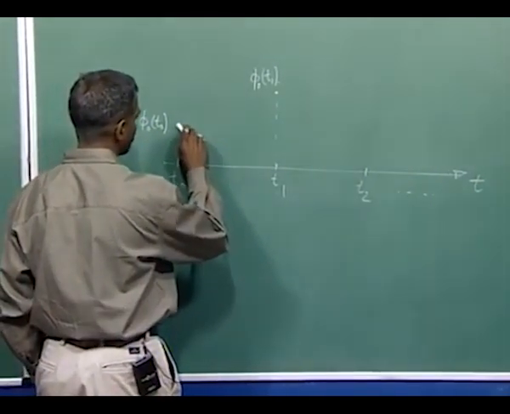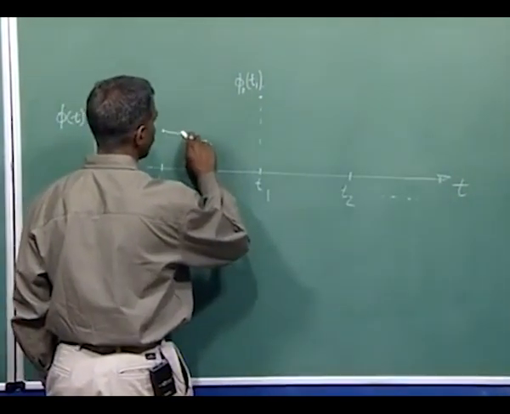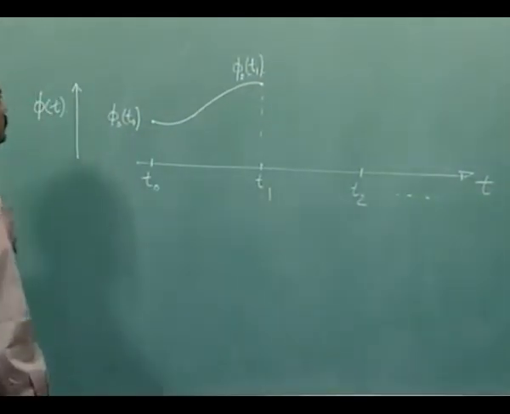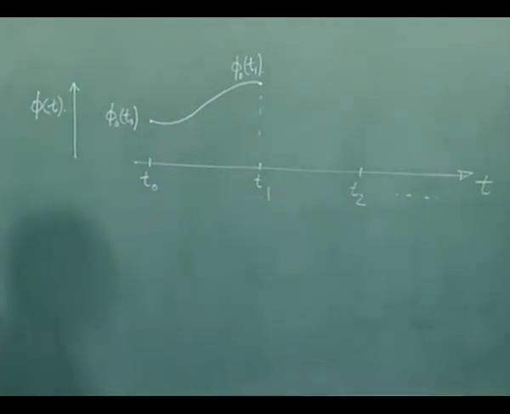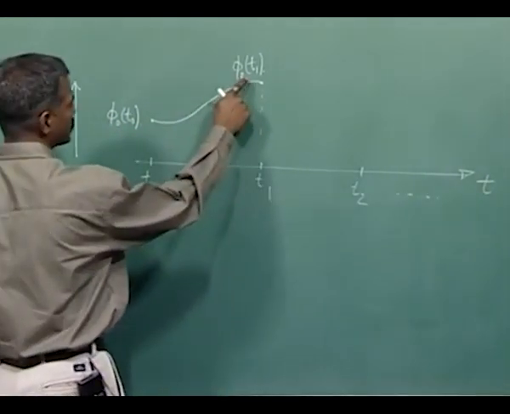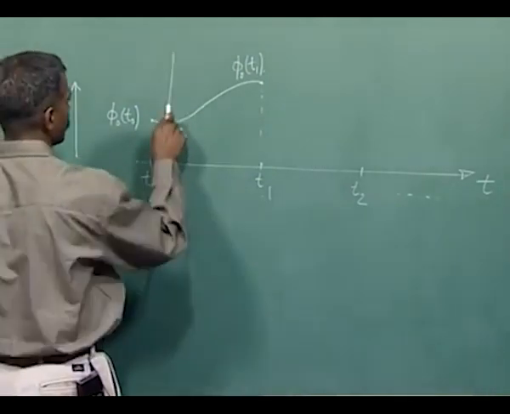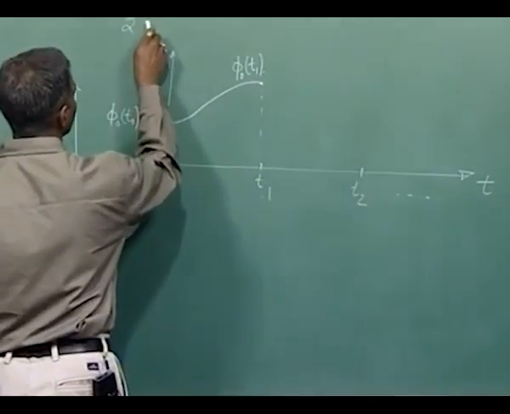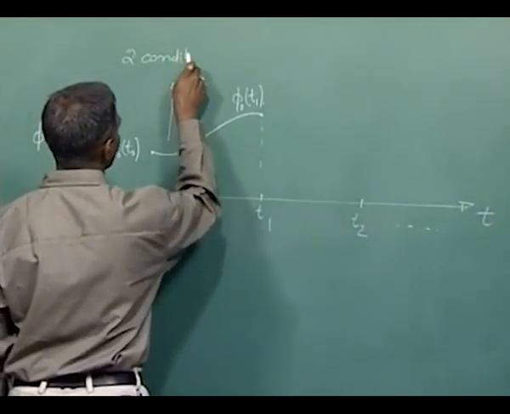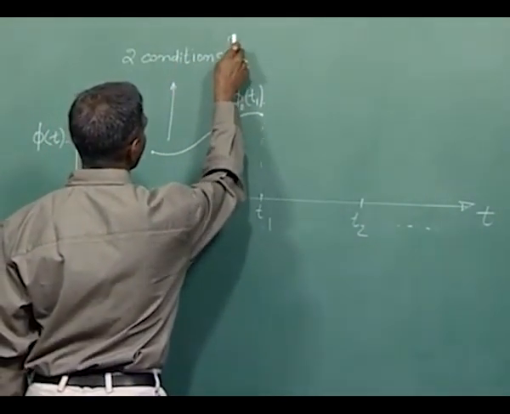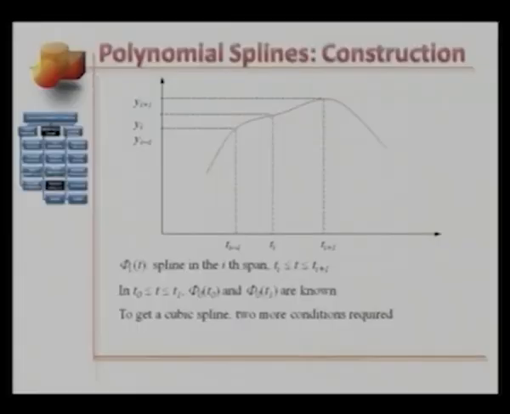Since I am trying to construct a cubic curve or a cubic polynomial, let's say let it have a shape like this. I have these two conditions. I would need two more conditions. What are they? They can be the slope and the second derivative at the first parameter value.